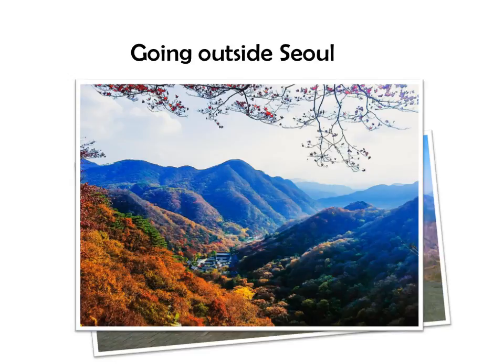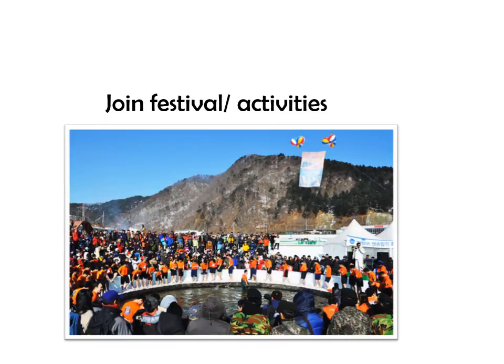And going outside Seoul, if you're more adventurous, should be possible, as you can read some road signs. And when it comes to joining local activities and festivals, maybe you can read information or certain signs or instructions that you couldn't before. You only need a nice dictionary to look up any new word.